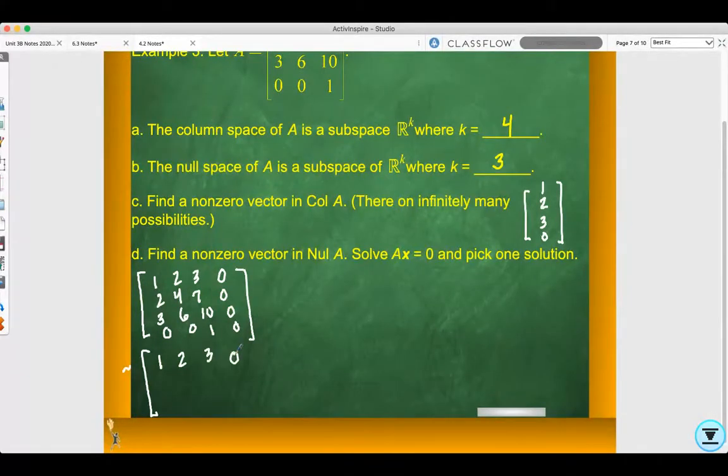I'm not going to do anything to that. Negative 2 row 1 added to row 2, I get 0, 0, 1, 0. Negative 3 row 1 added to row 3, and I get 0, 0, 1, 0. And my last row, I'm not doing anything to.